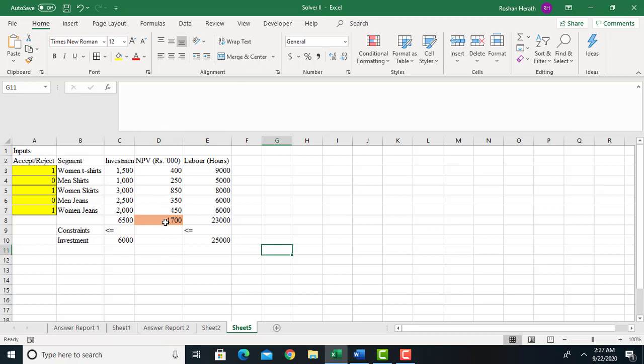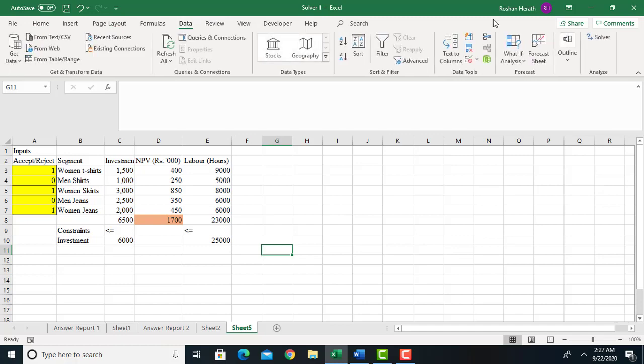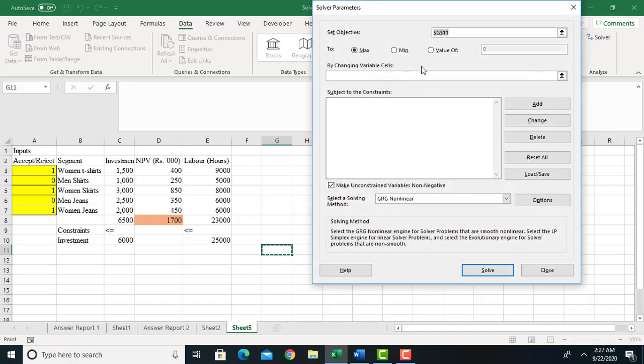Let's go and work out the solver. Set objective: it is the NPV that you want to maximize by changing the projects that you may accept or reject.